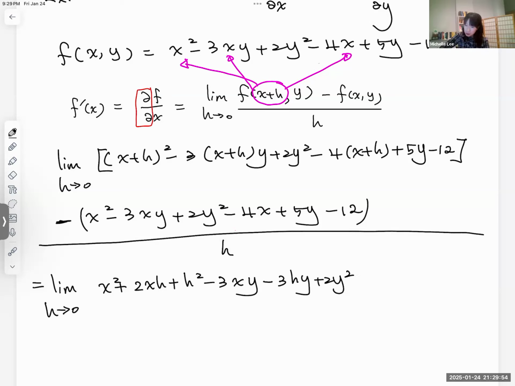Plus 2y squared. Once again, we distribute with the negative, so be careful: negative 4x, negative 4y plus 5y minus 12.